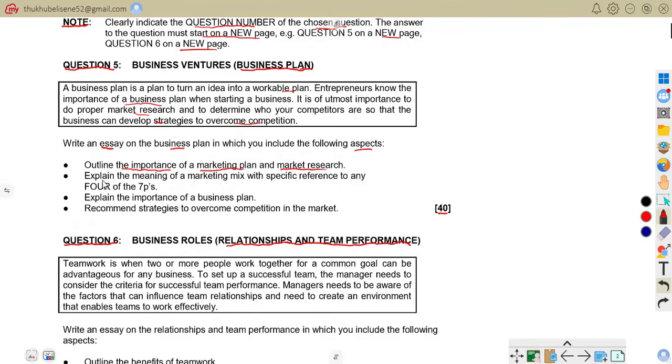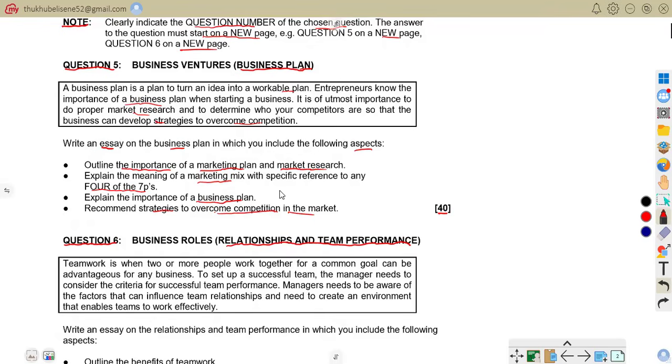The second one, explain the meaning of marketing mix with specific reference to 4 of the 7 P's. Explain the importance of business plan. Recommend strategies to overcome competition in the market. These are the aspects that you're going to write your essay based on.